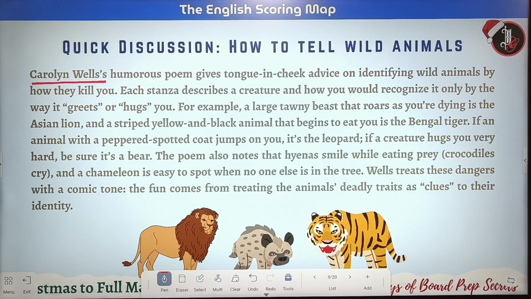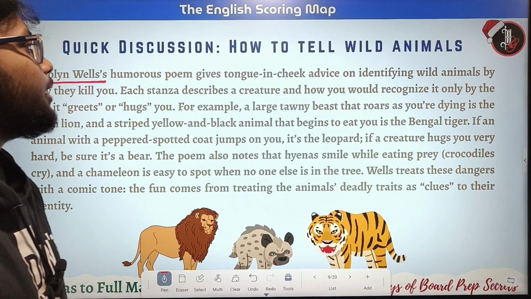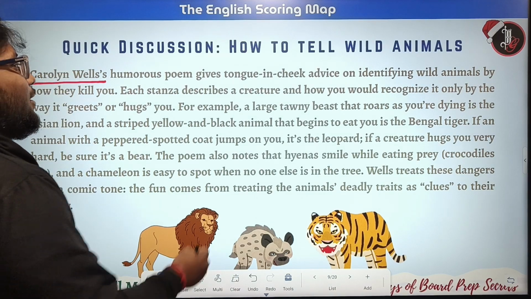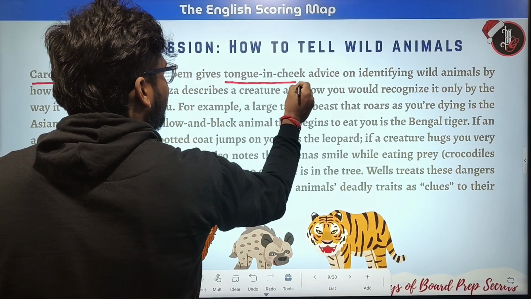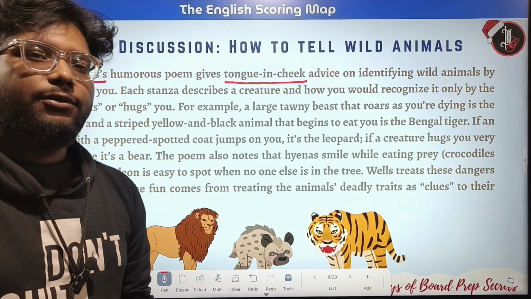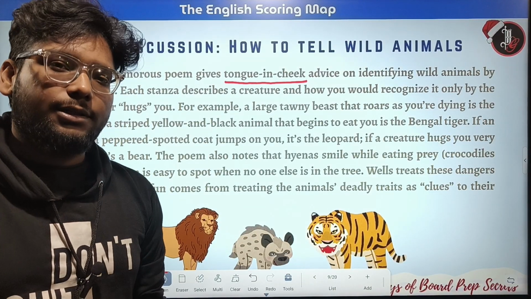Carolyn Wells's humorous poem gives tongue in cheek advice. Tongue in cheek, a very nice phrase, means you will burst out of laughter.